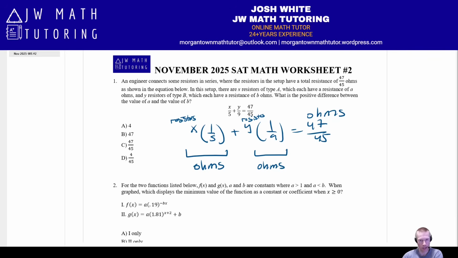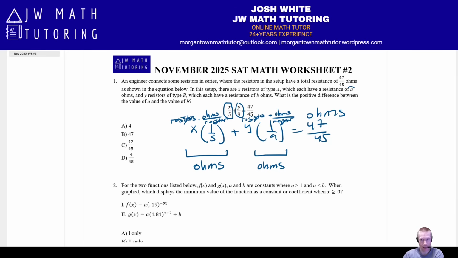Now, you're multiplying that by some number, 1/5 in the X case, 1/9 in the Y case, and that value is basically going to have units of ohms per resistor. And the reason is because when you multiply these two things together, the resistors will cancel out and you're just left with ohms. And that's what you want. You want this whole entire expression to be ohms. Ohms plus ohms equals ohms.